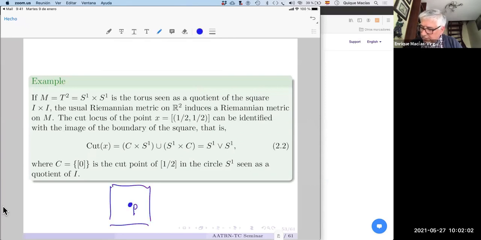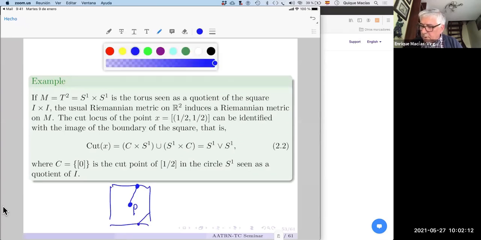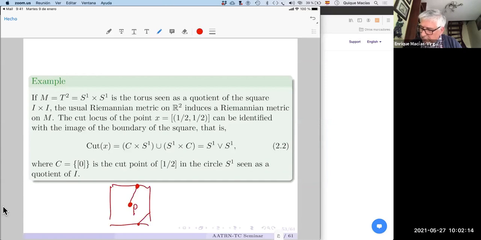So you see that this line is minimizing only until here, because it would be shorter to do this.